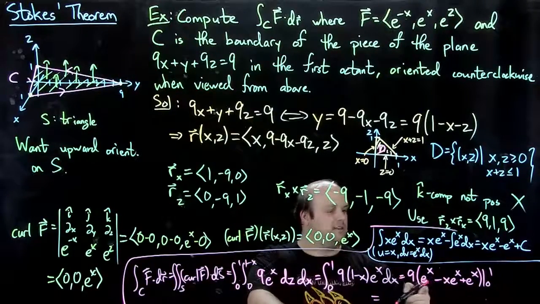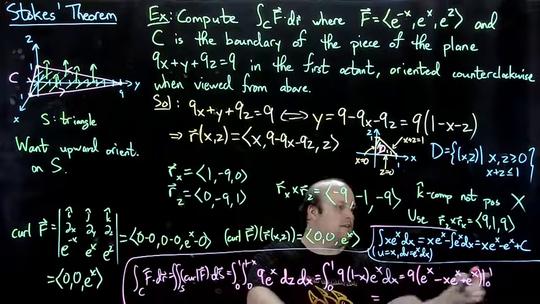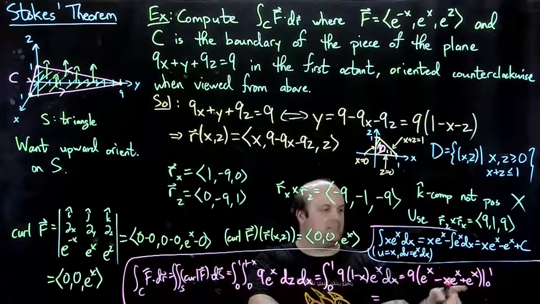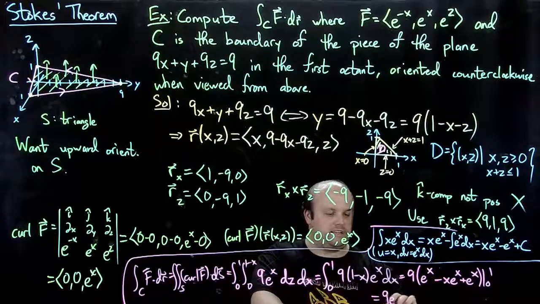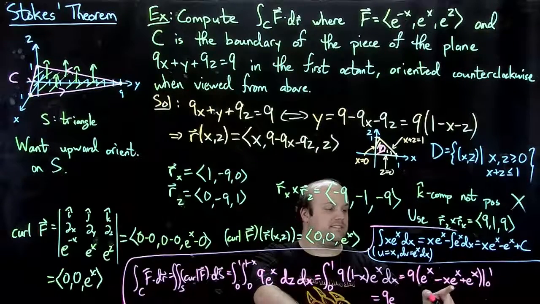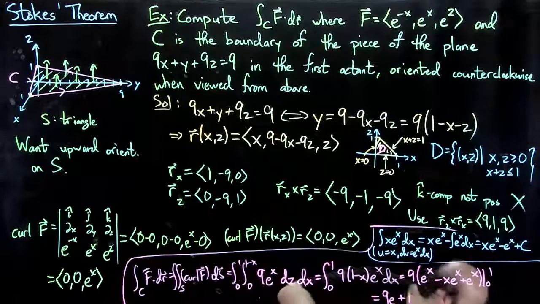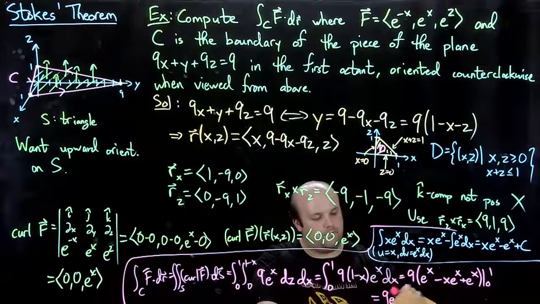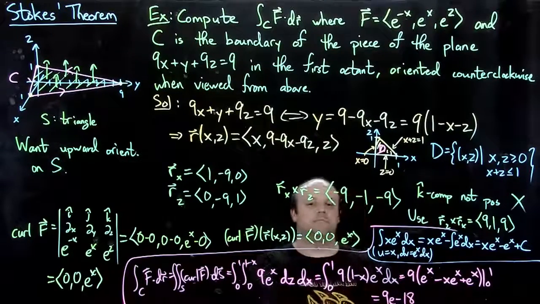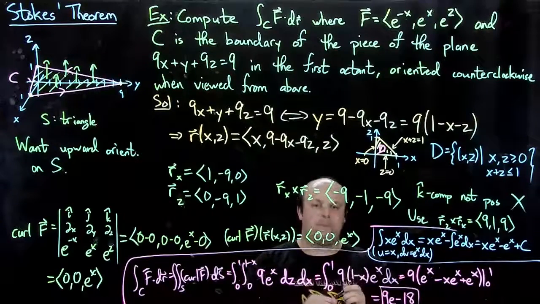So that gives us, plug in 1 everywhere here, and we get e minus e plus e, so 9e, right? Now plug in 0, we get 1 minus 0 plus 1, and that gives minus 18. So the answer is 9e minus 18.